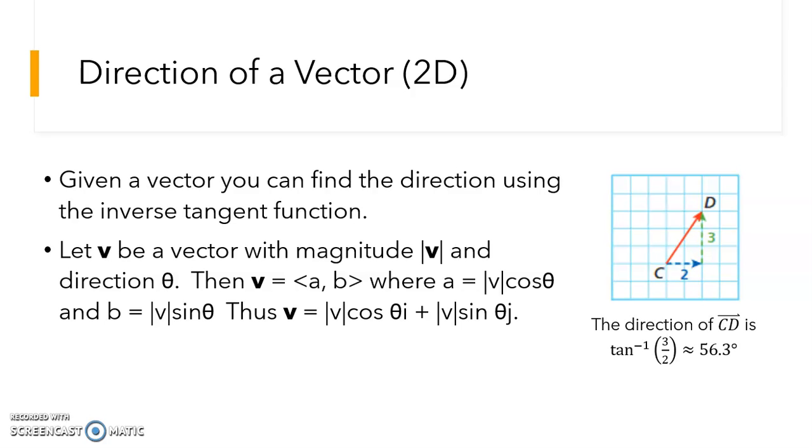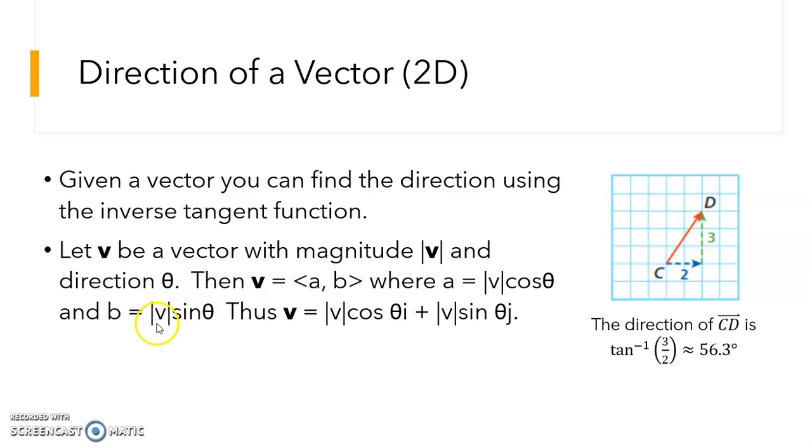And what we can do with direction is if we know the direction and the magnitude, we can then find the component form of our vector. So if I know the magnitude and I know the direction of my vector, what I can do is do the magnitude times the cosine of that direction, and that will get me my x value, my horizontal component.